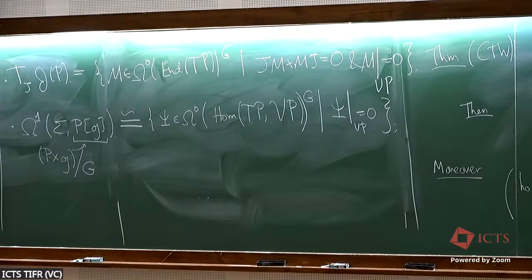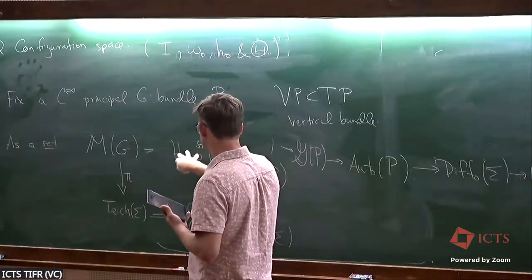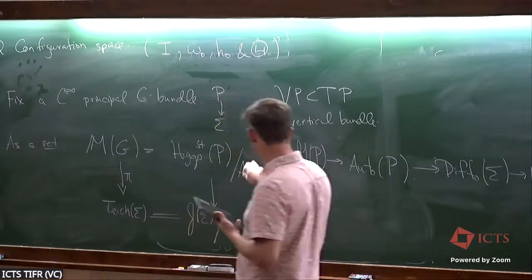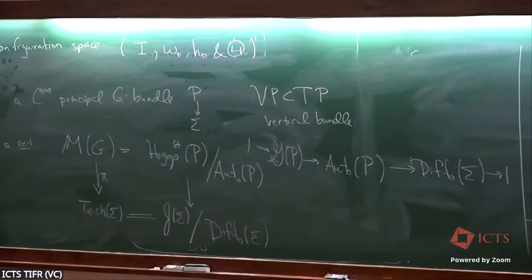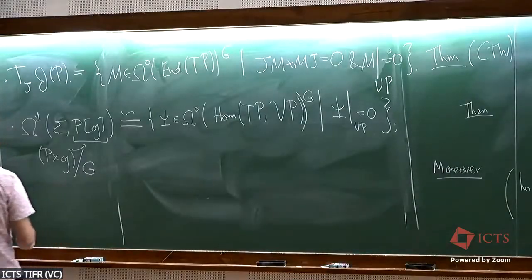Okay. Now let me define, so I was telling you that the moduli space is going to be this quotient of this infinite dimensional space by this big group. Let me tell you what that space is. Okay, great.